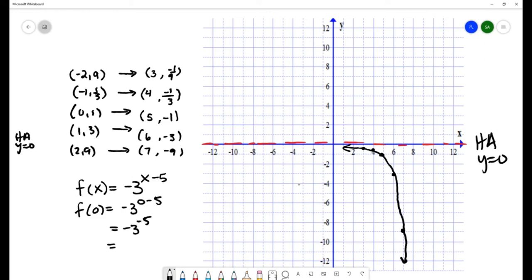And that's -1/3 to the 5th. Let's see what 3 to the 5th is. I know that 3 to the 4th is 81. And 3 to the 5th would be 243. So that's -1/243 for my y-intercept.